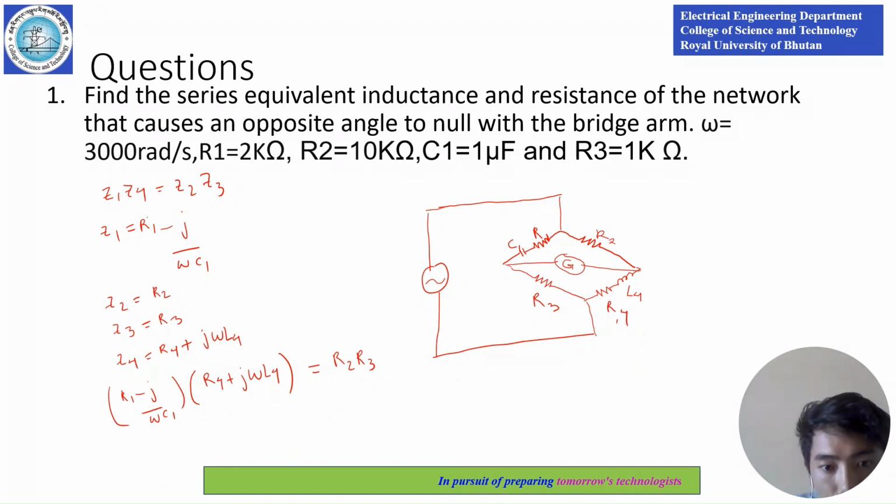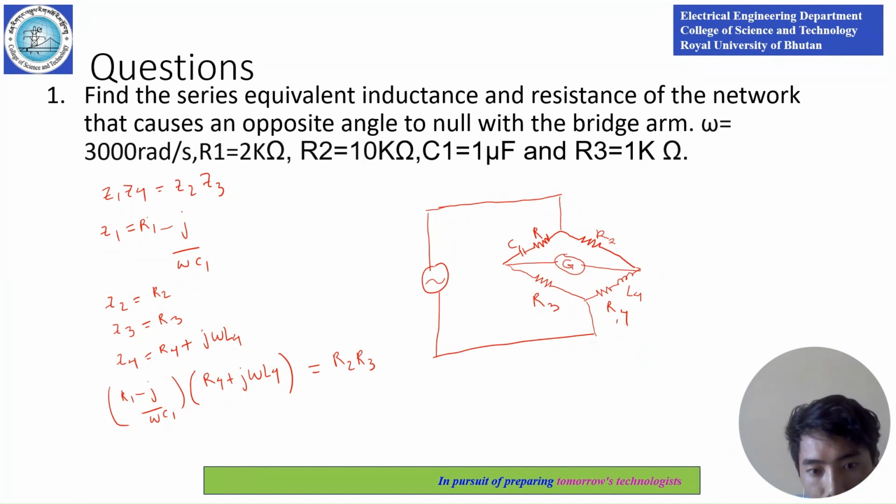First of all, we have the balance equation, Z1 times Z4 equals Z2 times Z3. From this equation we will solve for the unknown inductance and resistance.